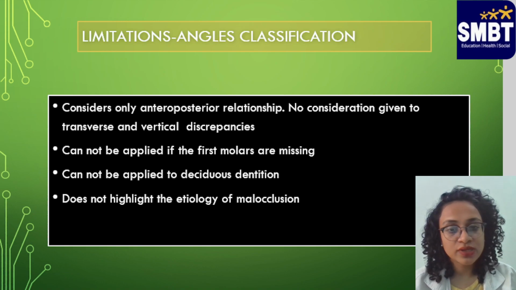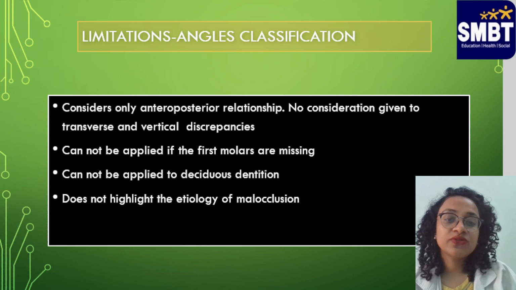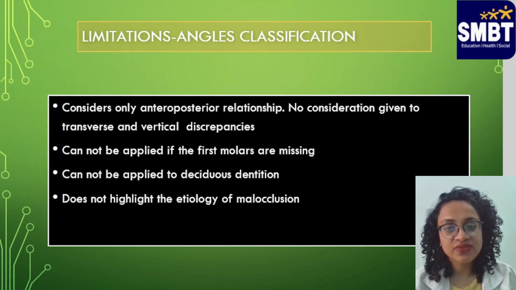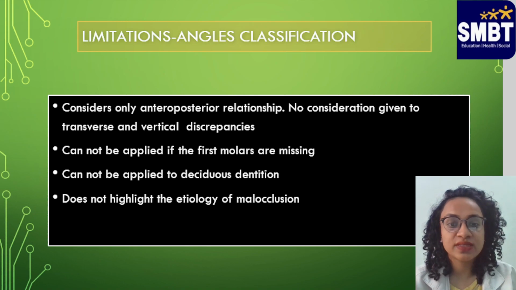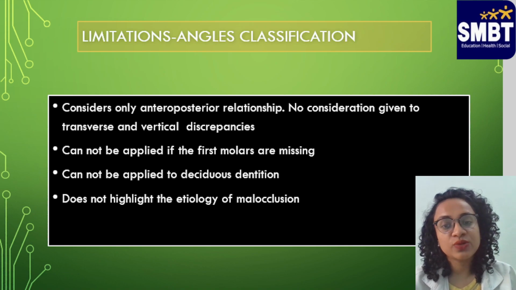The most important thing, Angle took the first permanent molars as the key to classifying this malocclusion. But let's say you don't have the first permanent molars. They are extracted or they were grossly decayed or they were congenitally absent. What do you do? We cannot classify the malocclusion if the first permanent molars are missing. It cannot be applied to the deciduous dentition.